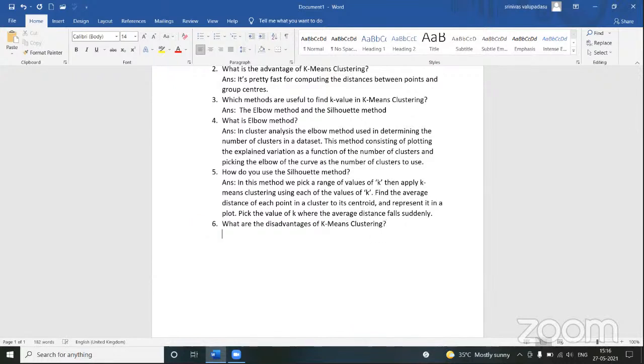First one is that it is difficult to predict K value, and next, different initial partitions can result in different final clusters. So based on the initial partition, we can find the final cluster. These are the main two disadvantages of K-means clustering.